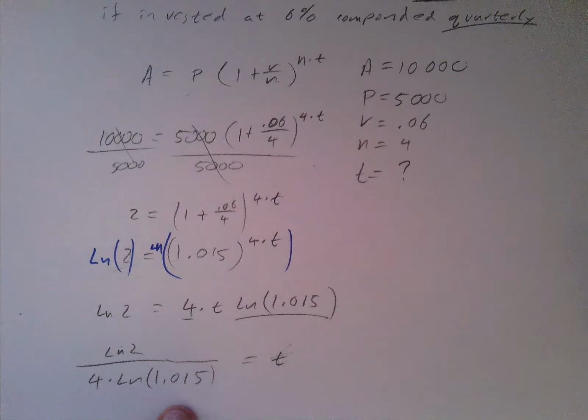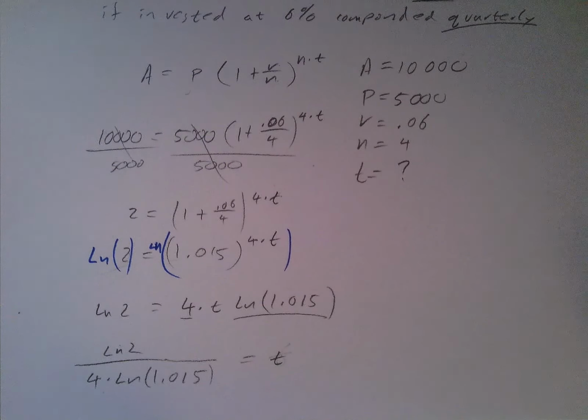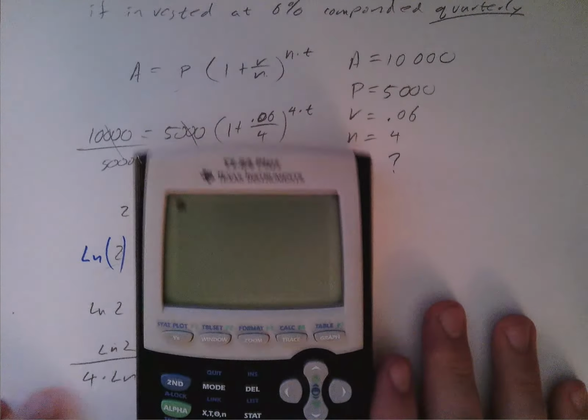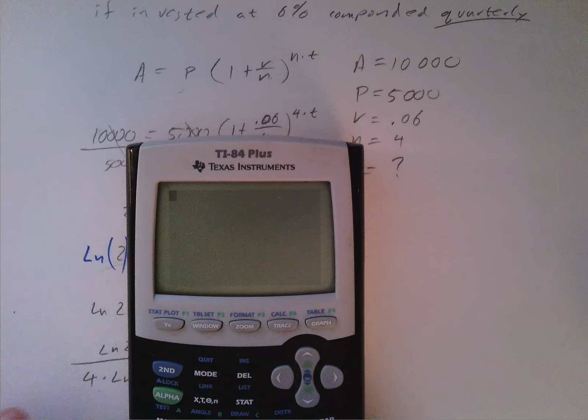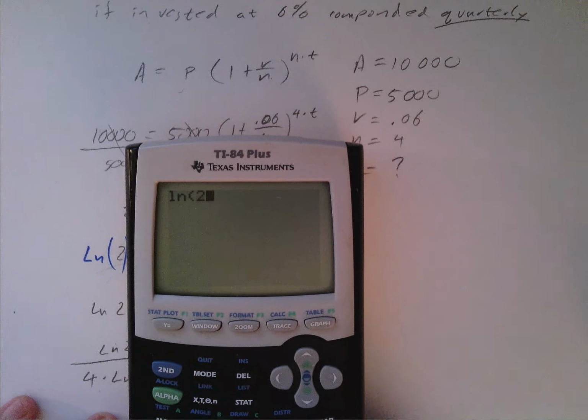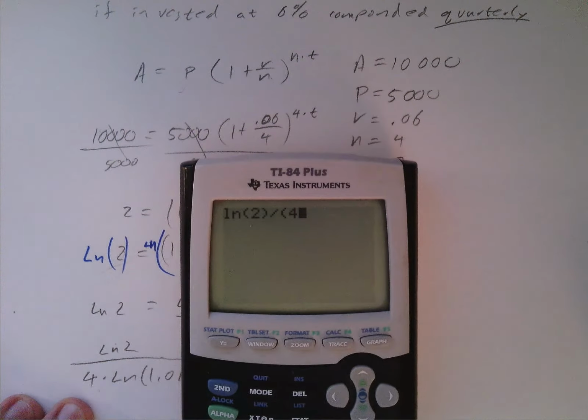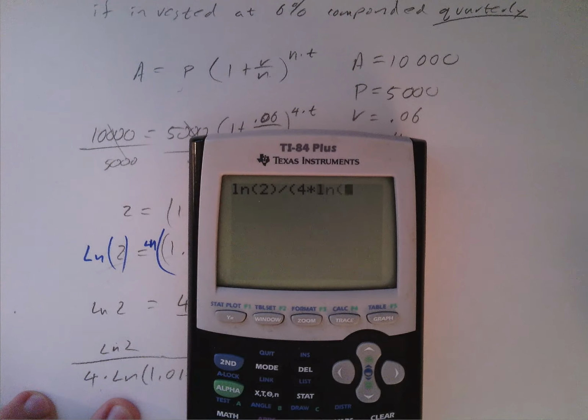And then of course that's going to be plugged into a calculator. So now I have ln of 2 divided by, and I'm going to use parentheses so I don't have to worry about what I'm doing, 4 times ln of 1.015.